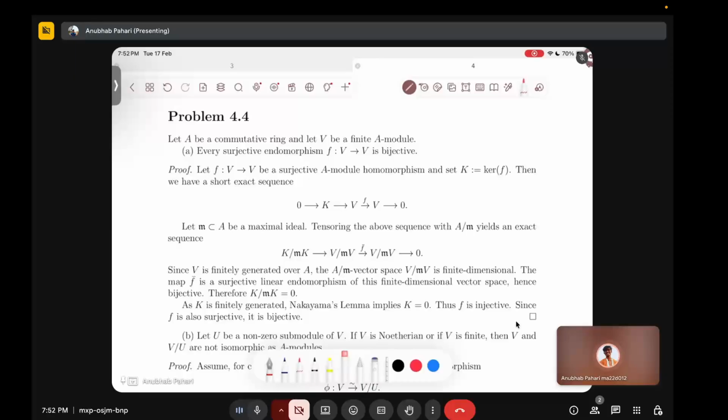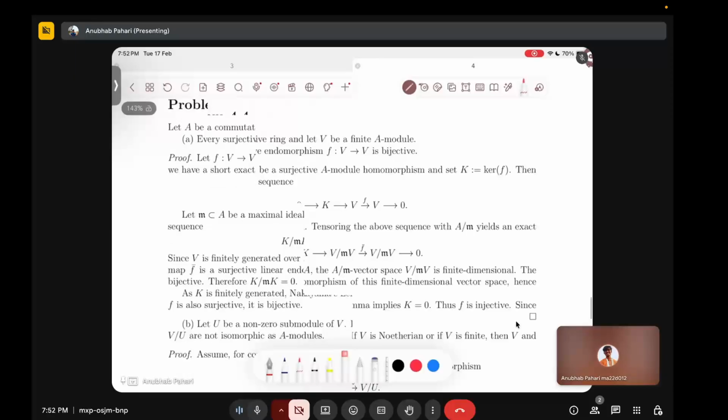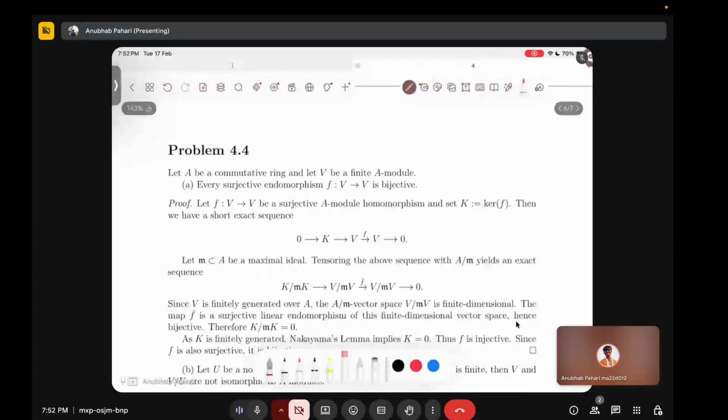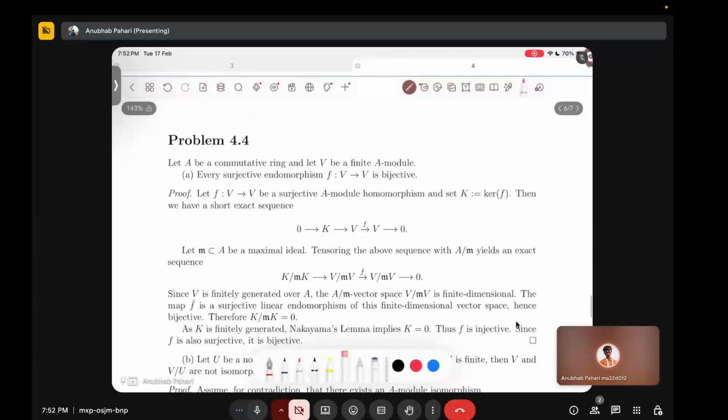Okay, so let us focus on problem number 4.4. Let A be a commutative ring and V be a finite A module. We have to show that every surjective endomorphism f from V to V is bijective. Surjective you know already, and endomorphism means a morphism from an object to itself.